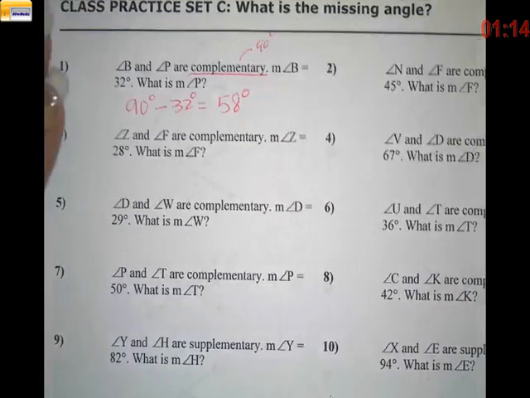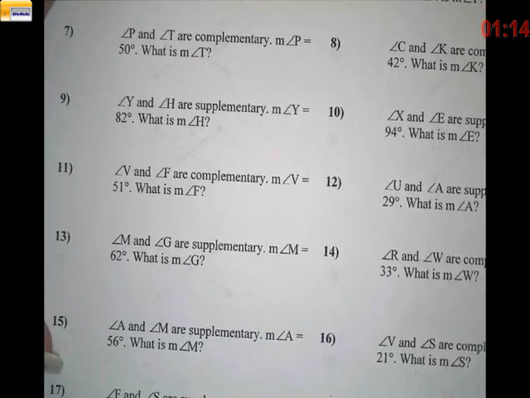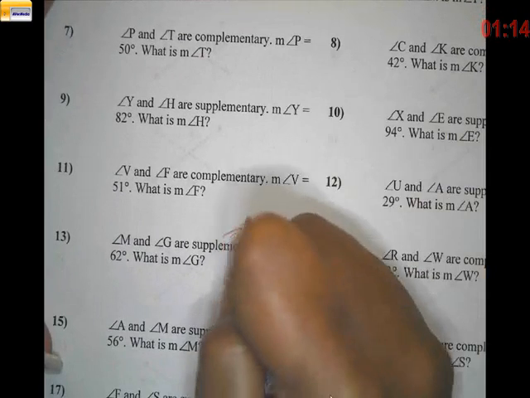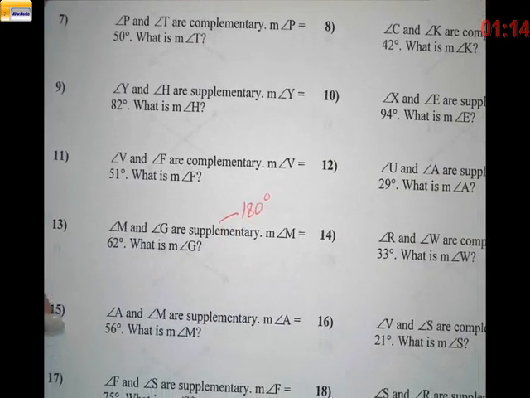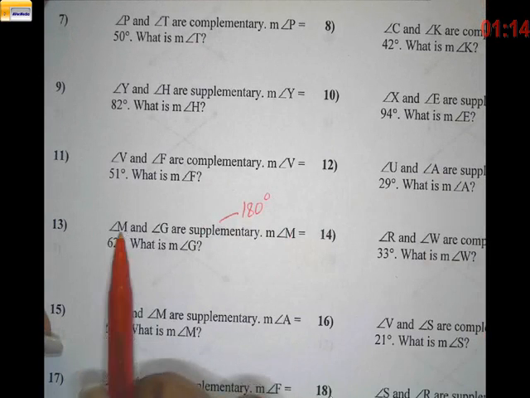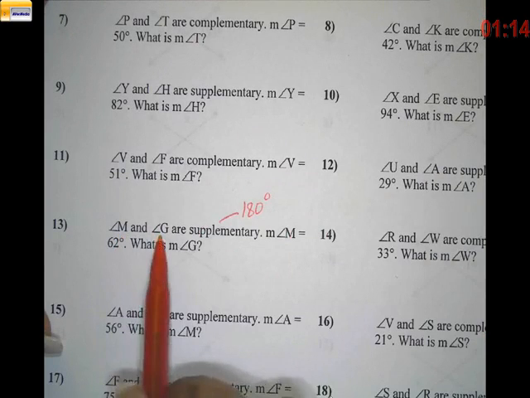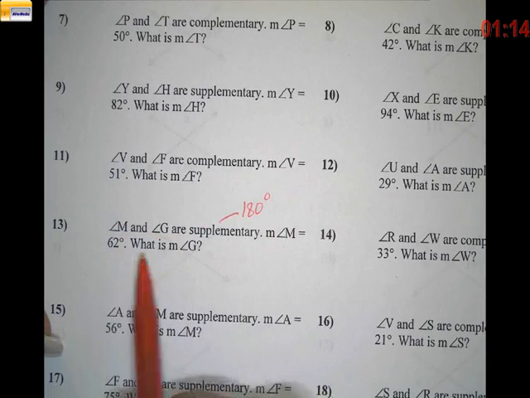Then I'm going to go all the way down to number 13. Number 13 talks about supplementary. What is supplementary angles total? So when I see those key words, I might want to just put 180 there. So if the measure of angle M and the measure of angle G are supplementary, the measure of angle M is 62. What is angle G?